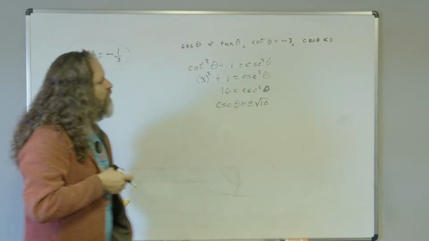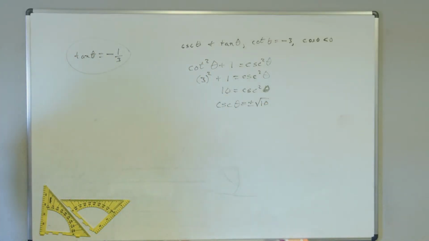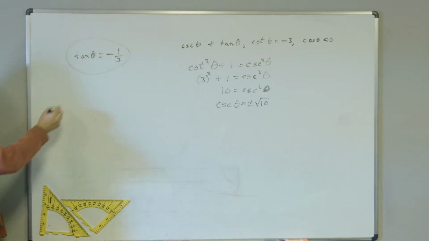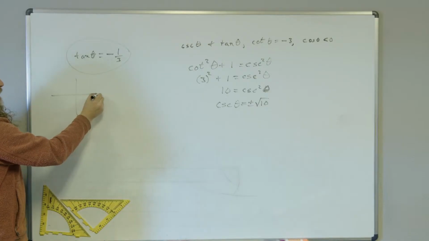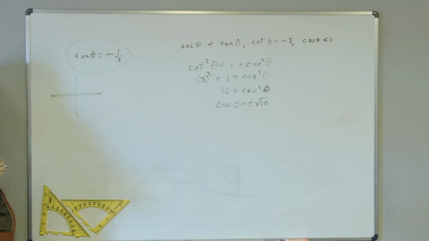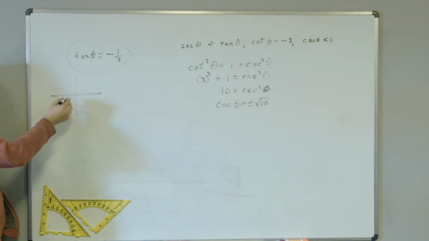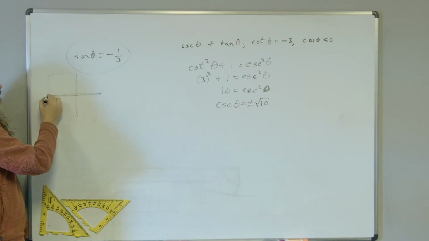Now, we need to know which one it is. Cosine is negative, which means we're in which 2 possible quadrants? The left 2. So it's either here or here.